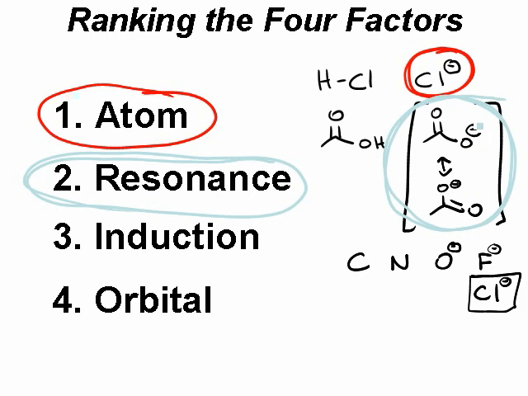And the answer is that the order of the four factors in general is the order of priority. In other words, what atom the charge is on is more important than resonance. It is better to have a negative charge on one chlorine atom than to have the negative charge spread out over two oxygen atoms. And therefore, this is the factor that wins the day.